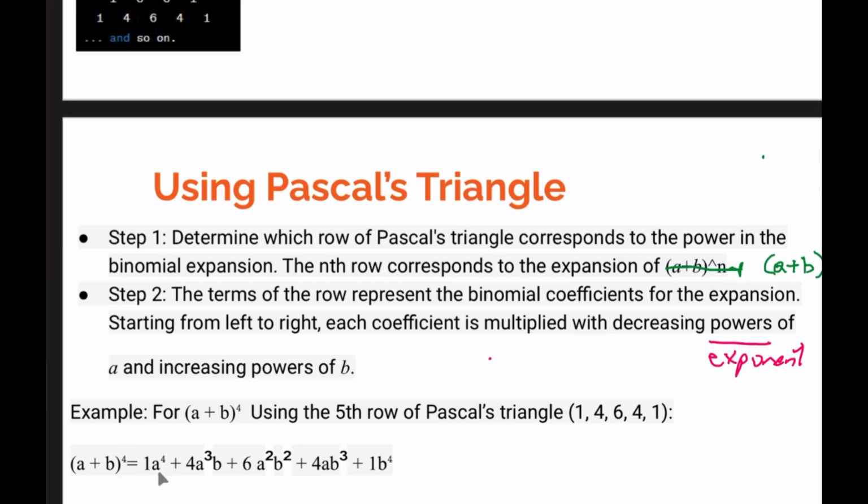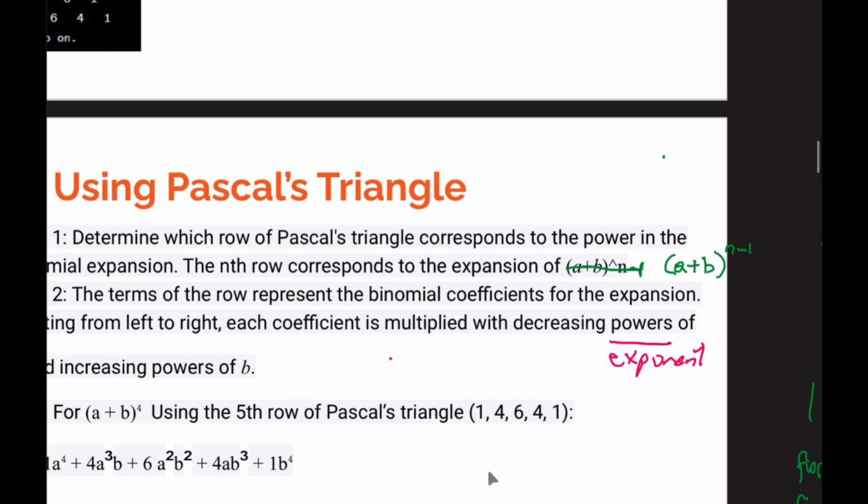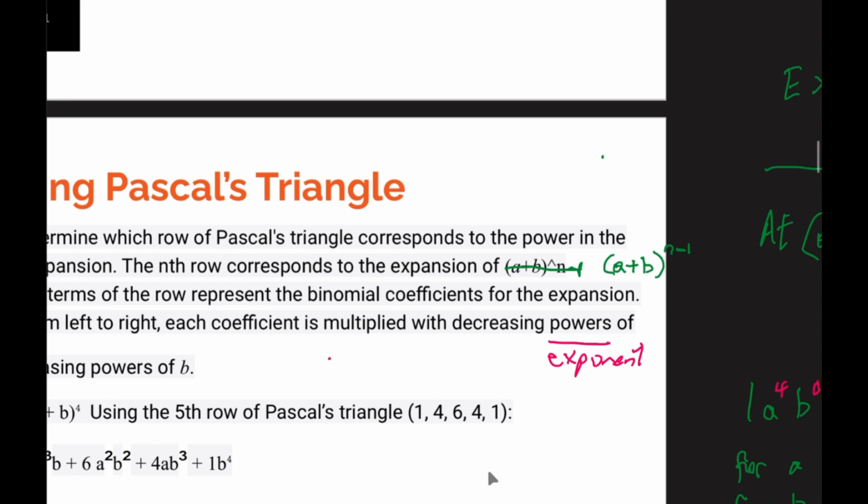The second one goes with increasing powers from 0 up to the highest power, which is 4 in this case. Okay, so that is how you use Pascal's triangle.